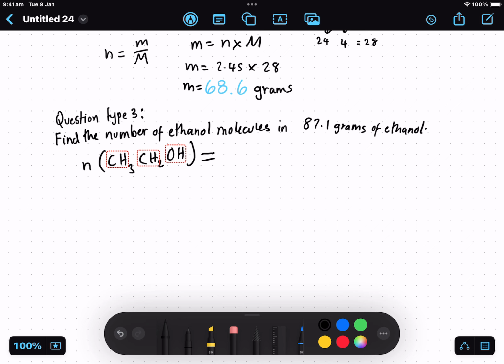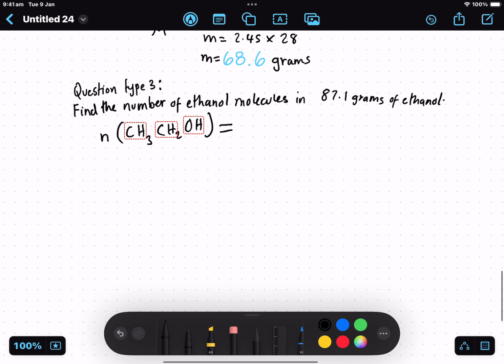C is 12, H 3 times 1 is 3, C is 12, H2 is 2, O is 16, H is 1. If we add that together, we should get a molar mass of 46 grams per mole.